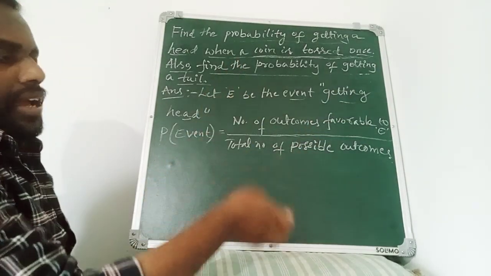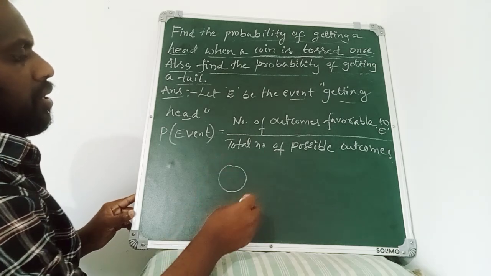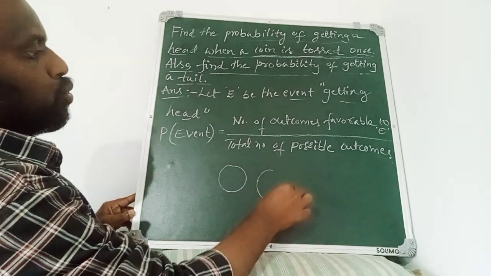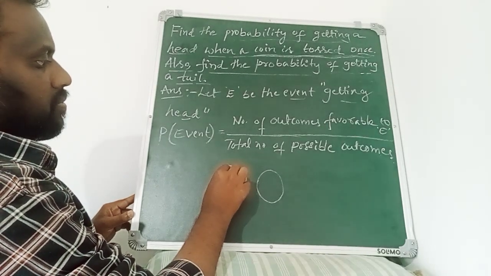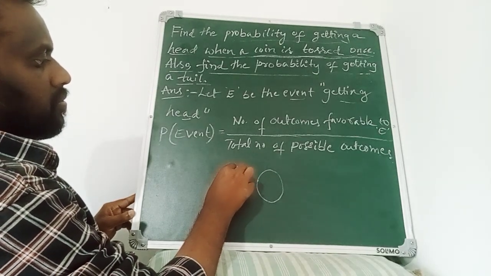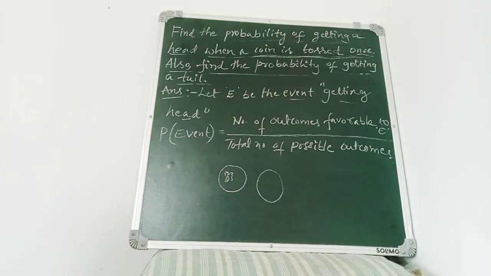When a coin is tossed like this, first, a coin has two sides. One side is like lions.